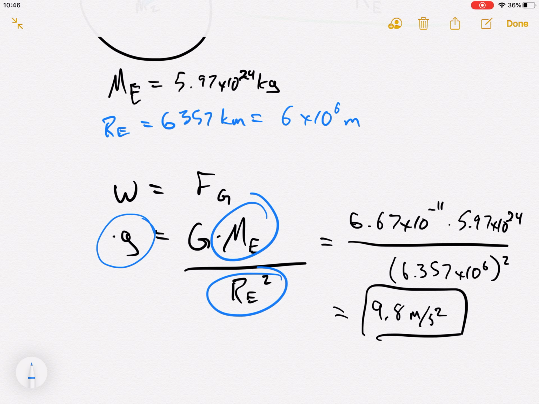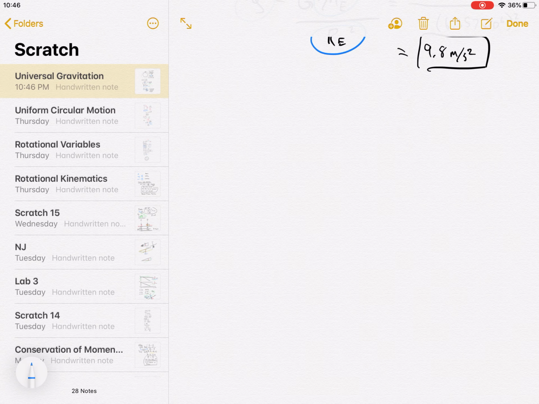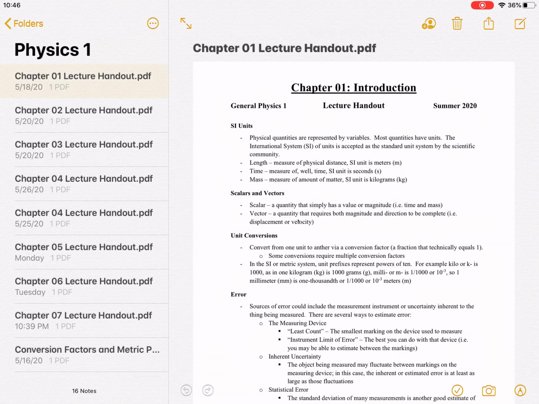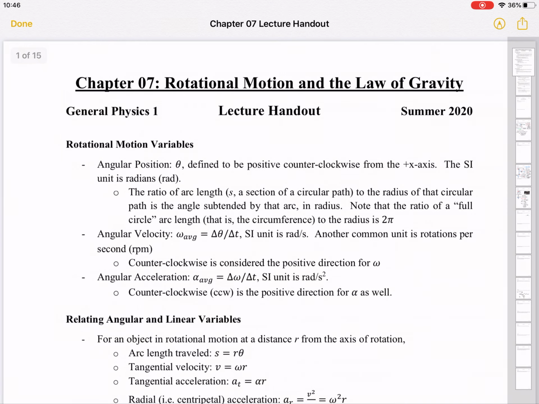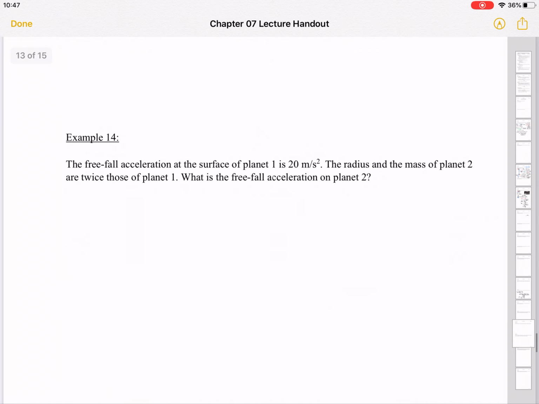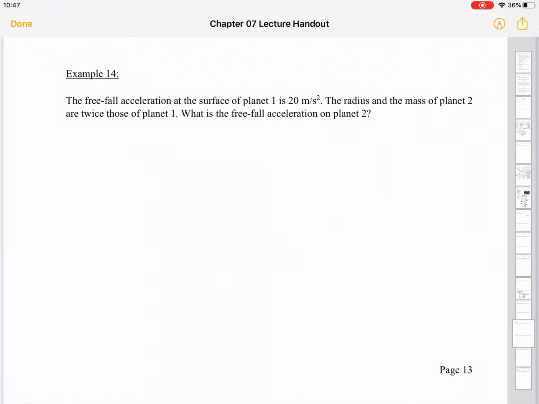Let's look at another example. I would like to look at example 14. Example 14 says the free fall acceleration on the surface of a planet is 20 meters per second squared. The radius and mass of planet 2 are twice that of planet 1. What's the free fall acceleration on planet 2? Okay.